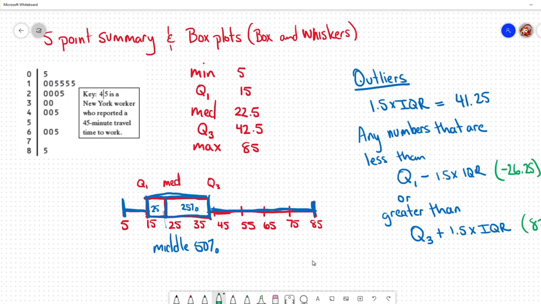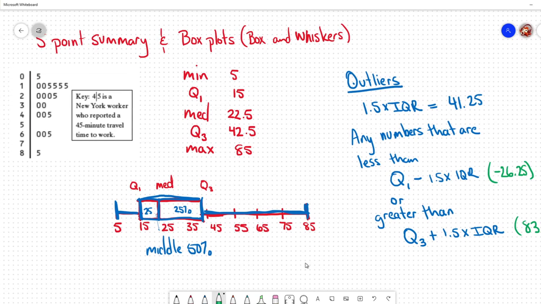Is 85 an outlier? Yes, because it is greater than our cutoff. So this 85 is an outlier. It's going to influence the mean, meaning it's dragging the mean further up. If we were to actually calculate the mean for this, you would see that the mean is going to be greater than the median. So it's getting pulled by that outlier.